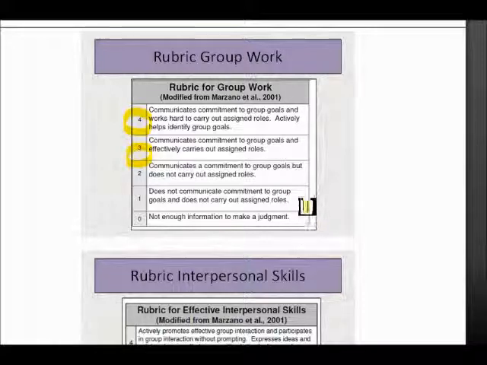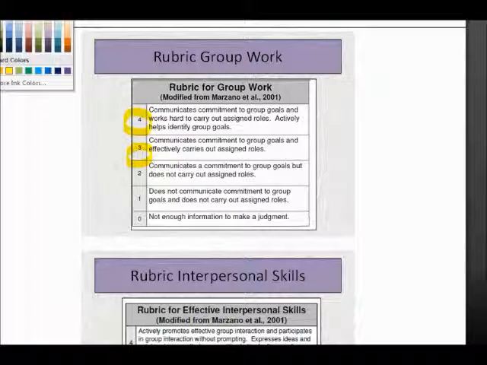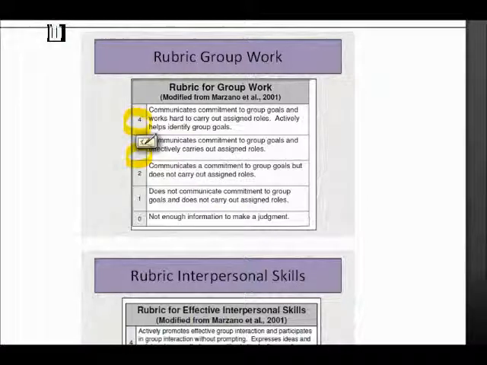If your group is not carrying out the assigned roles, if they are not communicating commitment to the group goals, or if you do not even have enough information to make a judgment, then yes, you are going to be scoring a little lower there, a 2, a 1, or a 0. But if you think your group is communicating the commitment to the group goals, working hard, and actively identifying the group goals, then a 4 is certainly appropriate.